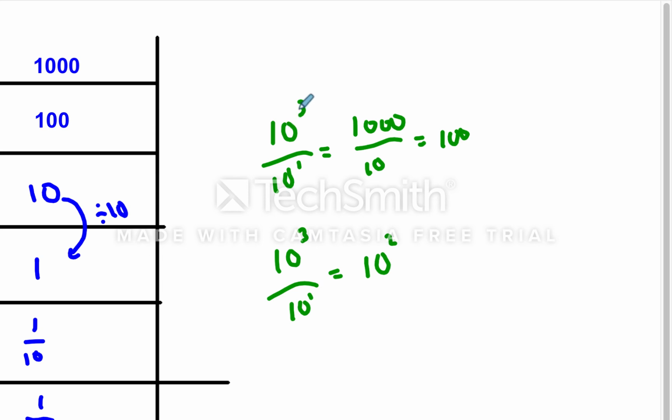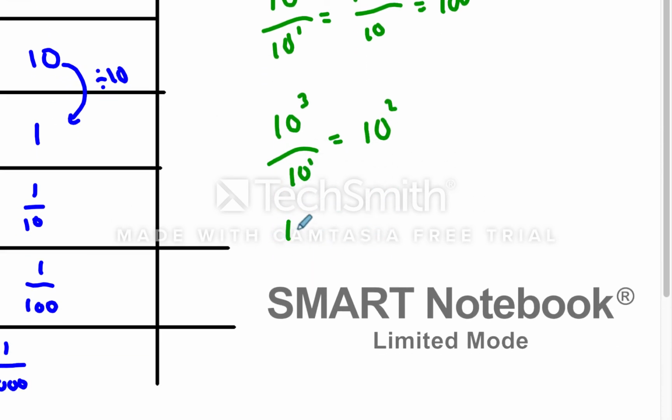So if your bases are the same and you've got a division problem, you can just subtract the exponents. We've seen if we have 10 to the second times 10 to the first, you can just add these exponents, and that'll get you your new value. Well, if we have 10 to the third over 10 to the first, you're using division, now you can just subtract them.